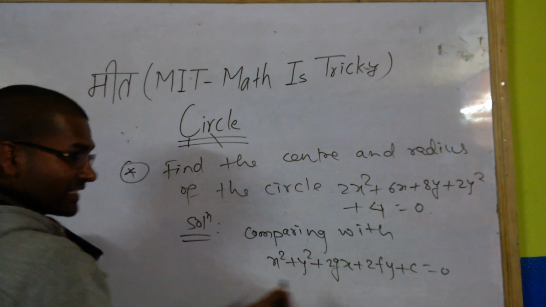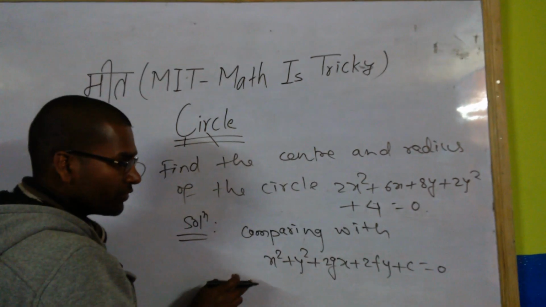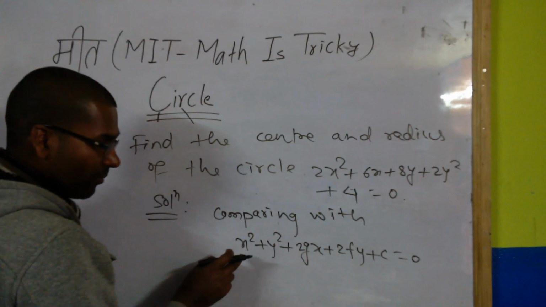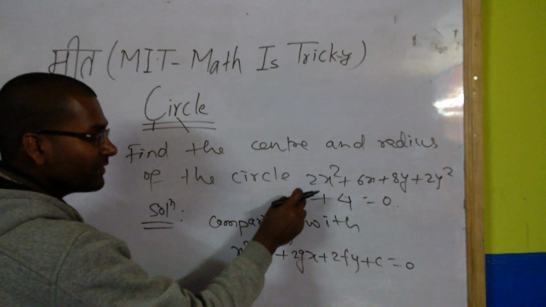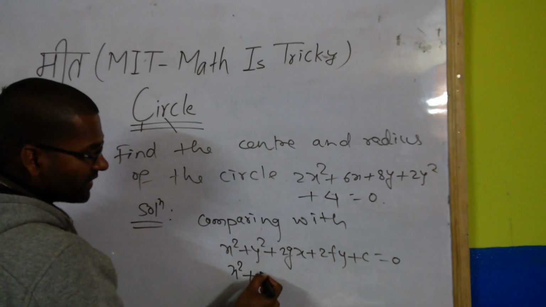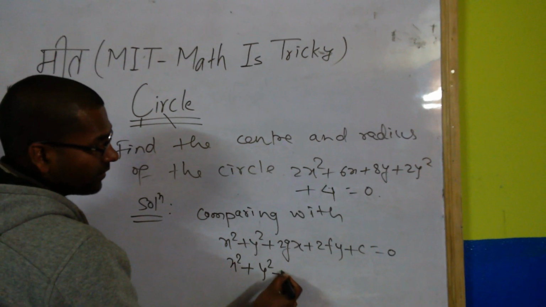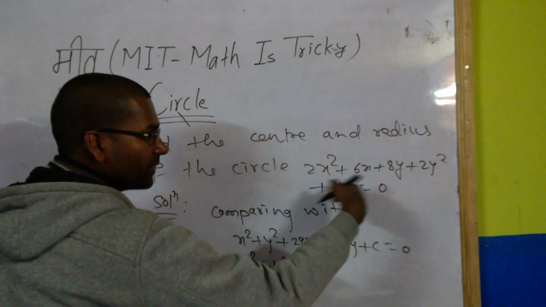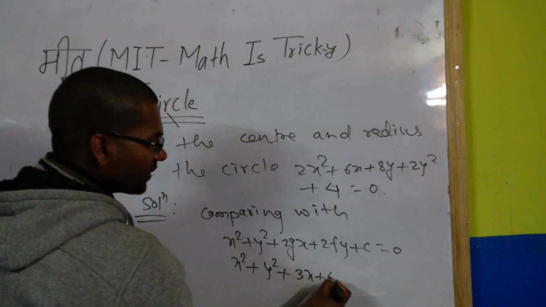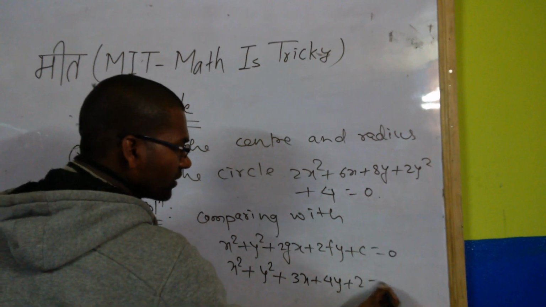But see here, most of the students directly compare with this. Before comparing, you have to change the given equation into this form. So first we will write x square plus y square, divide all sides by 2. So you will get here x square plus y square plus 3x plus 4y plus 2 equals 0.